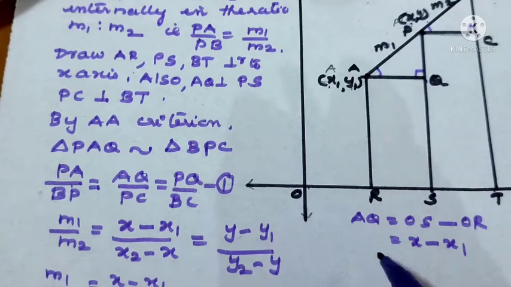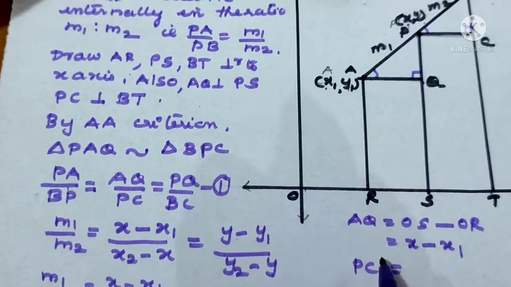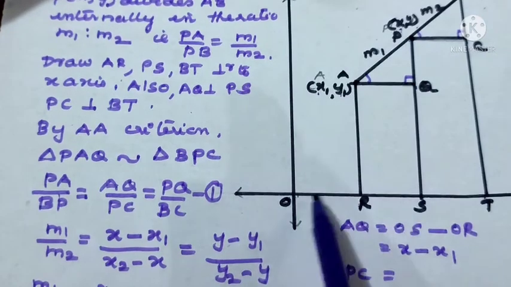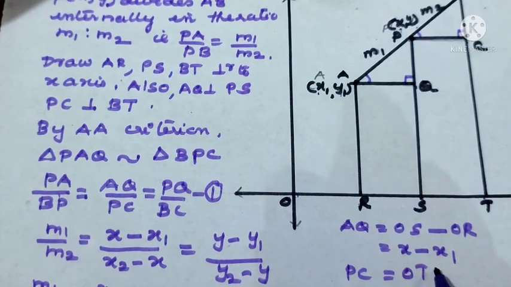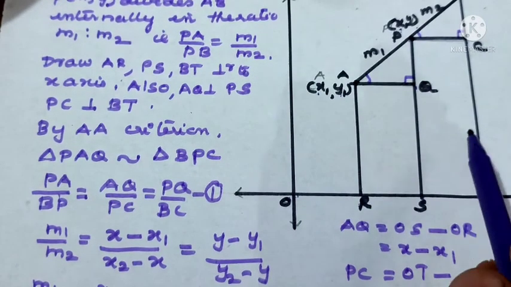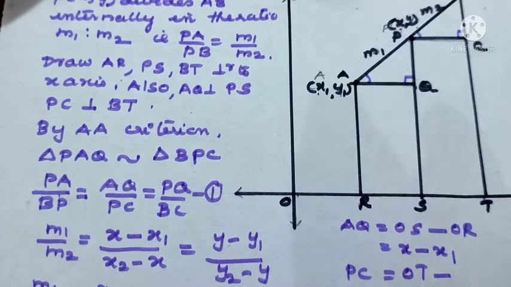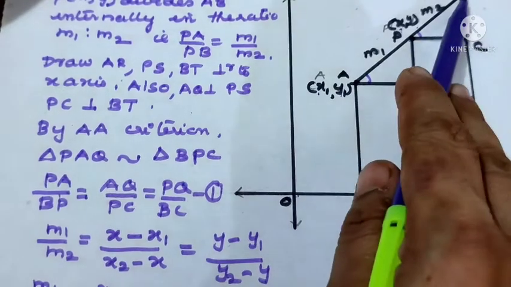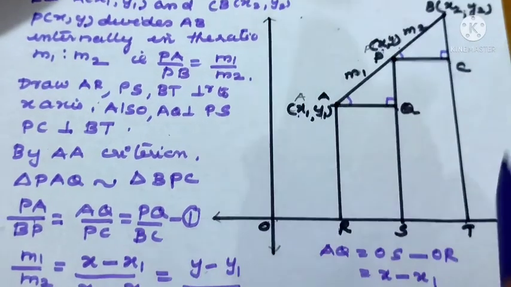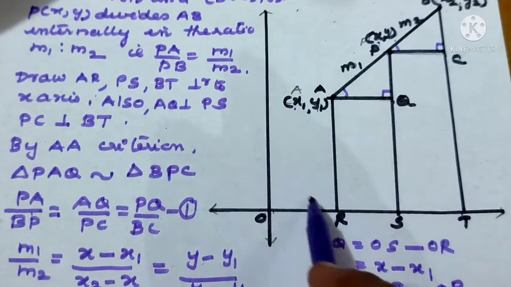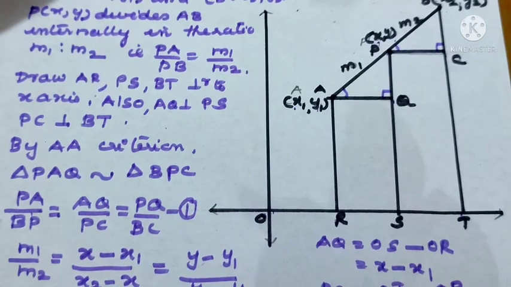Clear now? Now similarly PC we should write. PC means, see the diagram, it is OT minus OP. OT is the horizontal distance x2. So x2 minus OP, which is x.